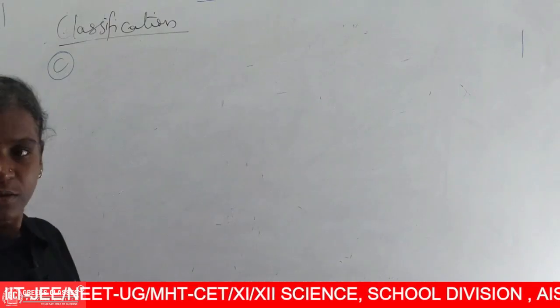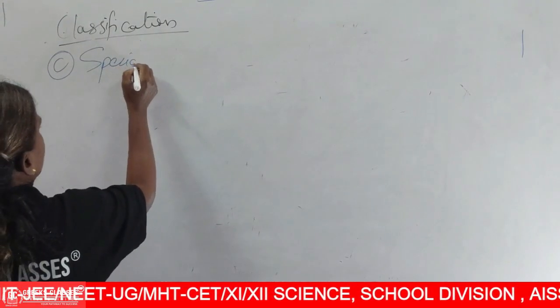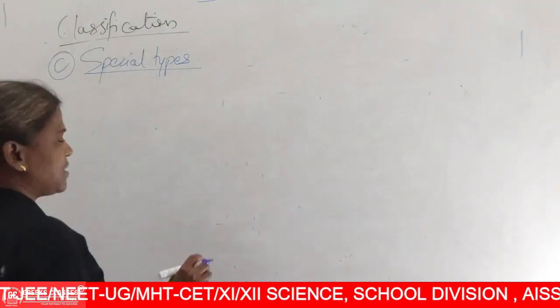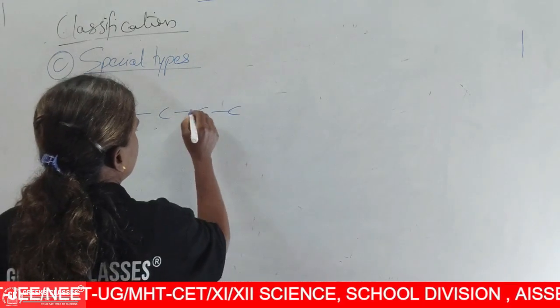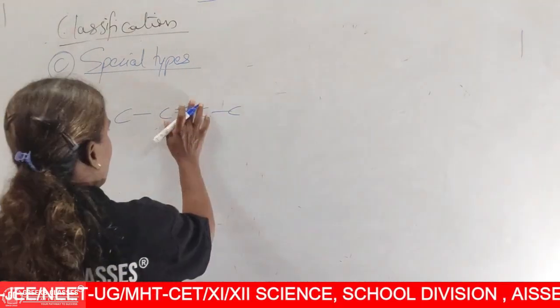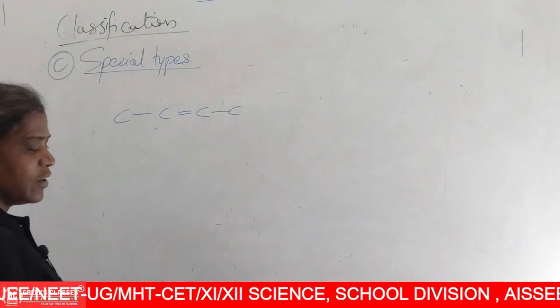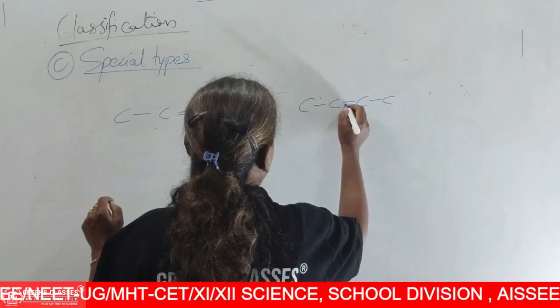I would write C. This is also again a kind of classification, some special types of compounds. Let's say for example, I have an unsaturated system where carbon-carbon double bond is present. Just a while ago, we have already seen this example.